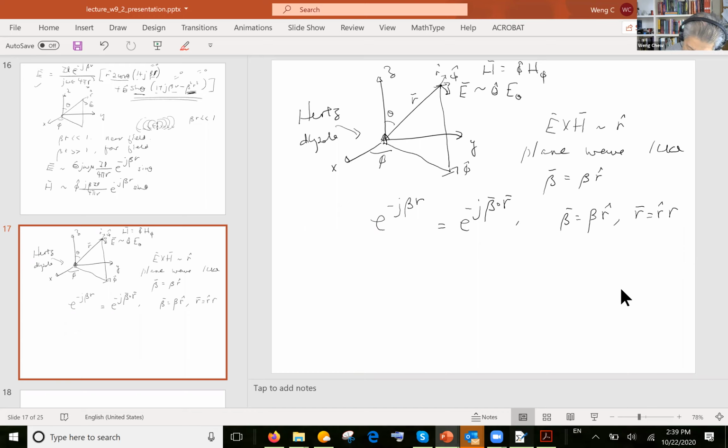So this is like a plane wave. This is the expression for a plane wave, but expressed in terms of the spherical coordinate system.